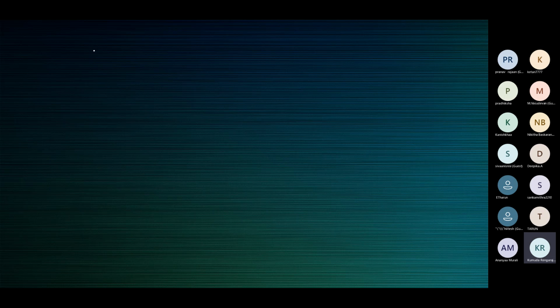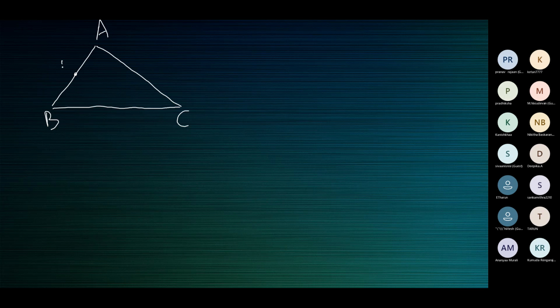So according to the statement, we are given a triangle. You can call it ABC. Triangle ABC, in which D is the midpoint of AB, E is the midpoint of AC.